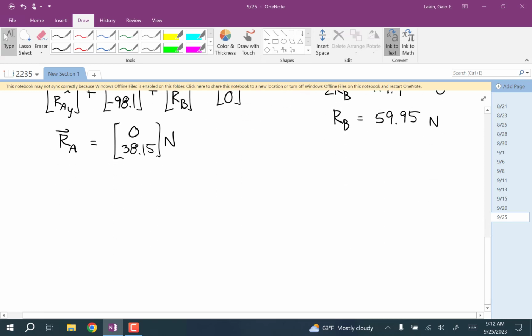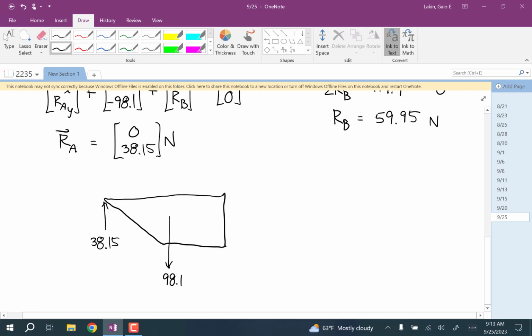Okay, so if you look at a free body diagram, you have the weight force here of 98.1. You have at A a vertical force of 38.15. Here you have a vertical force of 59.95.